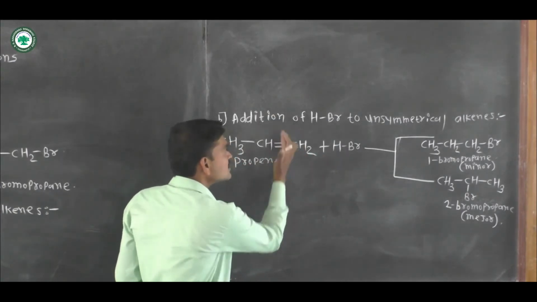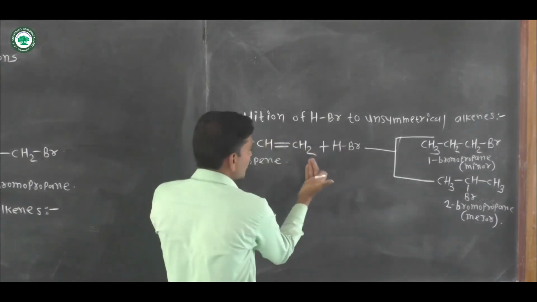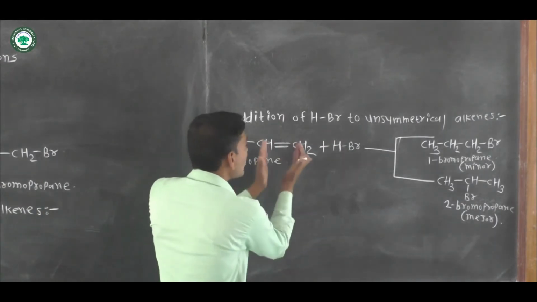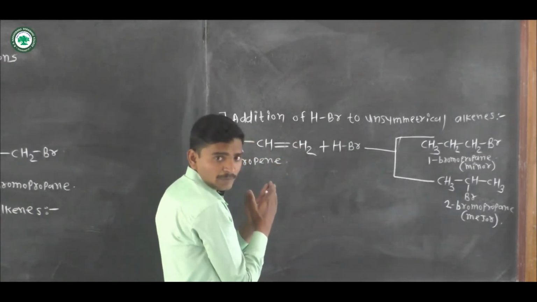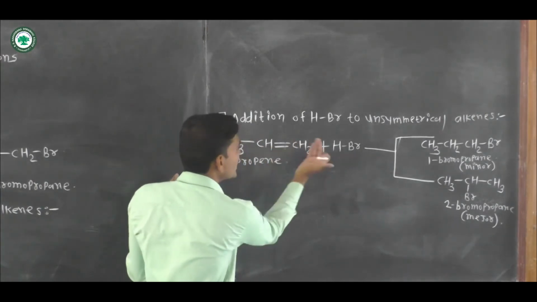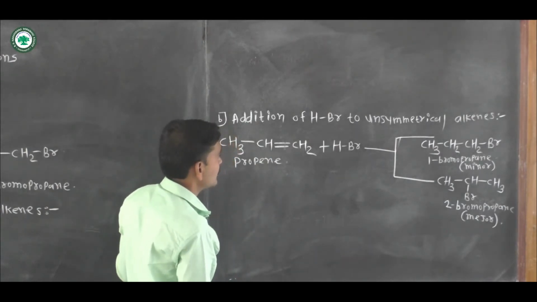This is an unsymmetrical alkene. Why is it called an unsymmetrical alkene? Because on both sides of the carbon-carbon double bond there is a different group. So this is the unsymmetrical alkene.